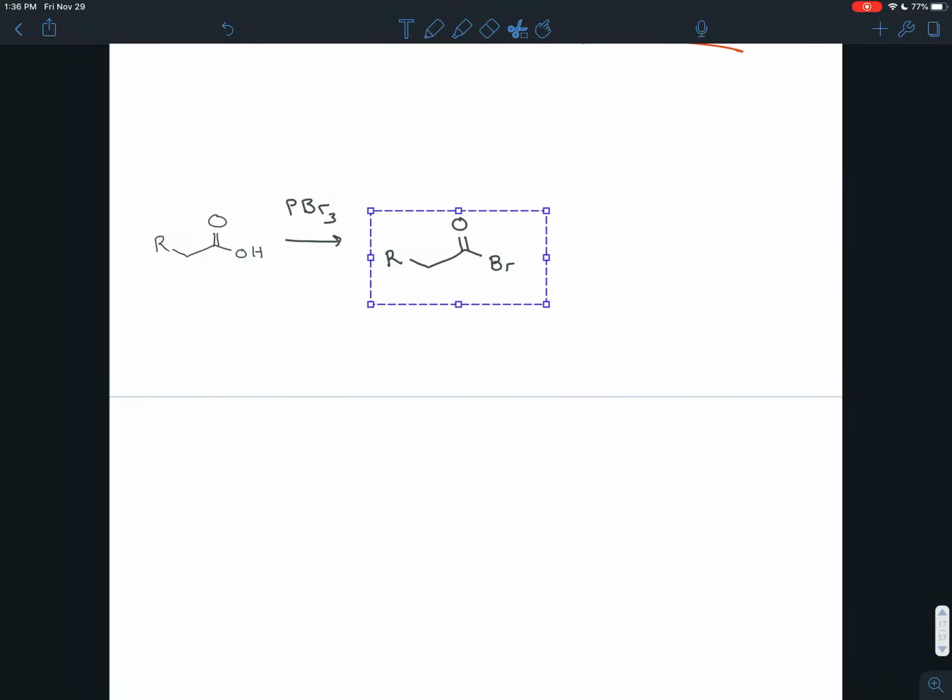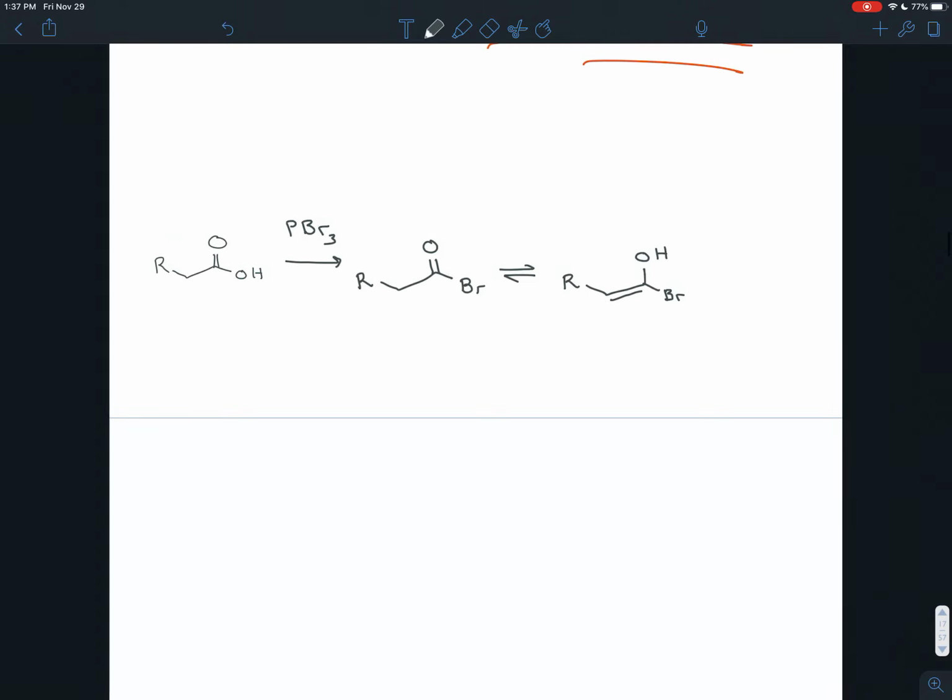So we'll see how that happens in a second, but the whole reason why you want to do that is because now we don't have the carboxylic acid OH anymore, and that's really what makes the enol unstable. So now the enol will be stable. You can do this sort of acid halide will exist in an equilibrium with an enol form. And from that, you can do the alpha bromination.